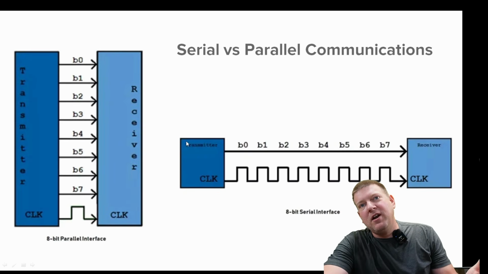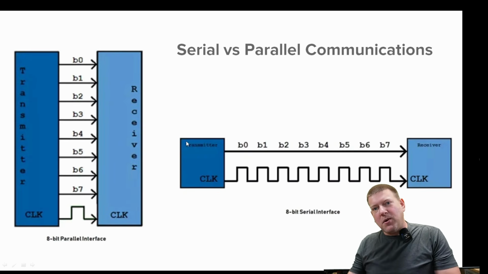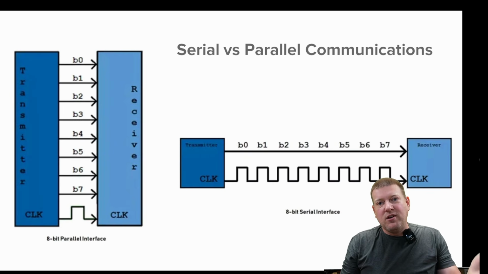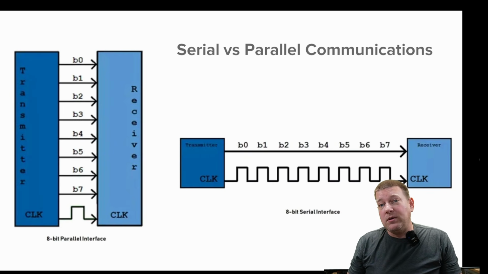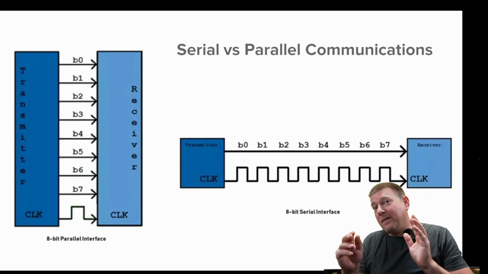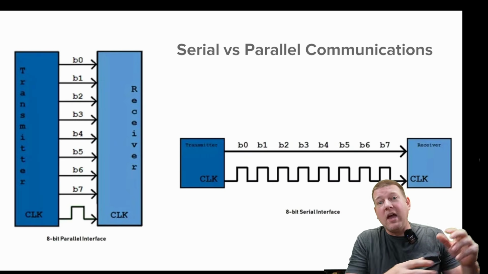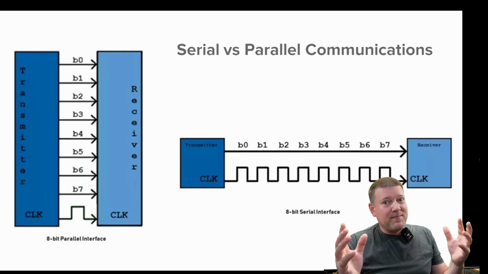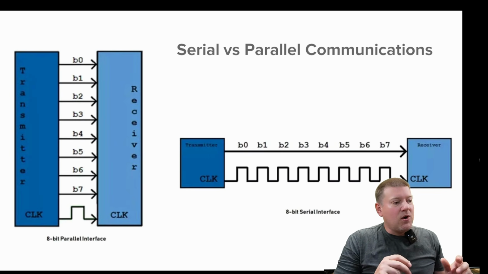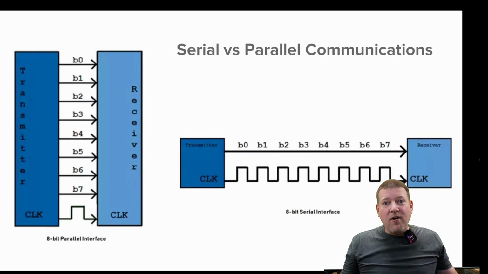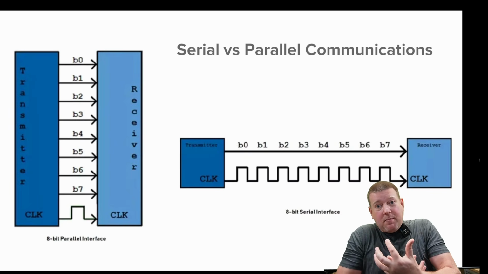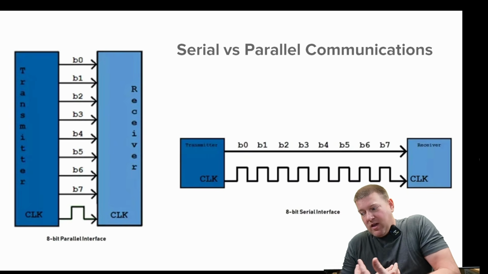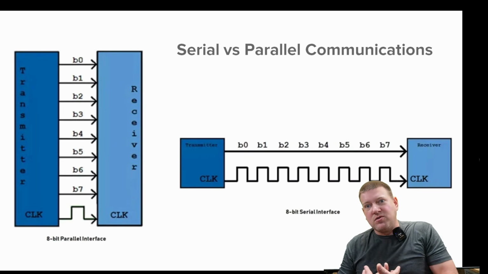Because your receiver would have to take that data, throw it into memory and/or send it over to the CPU and figure out what to do with it. And that was for one clock cycle. So yeah, you could get data, but then what do you do with it, right? You only got like 2 hands, right? Think about it that way. All these balls are coming in, you grab them, and then you're like, okay, this one goes over here, this one goes over here, this one goes over here.